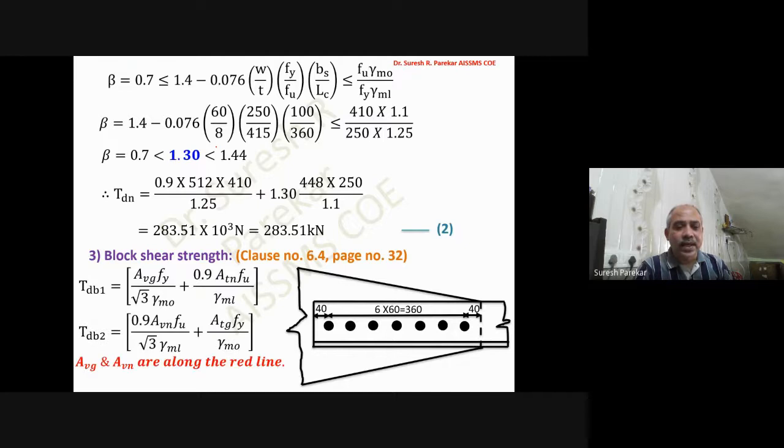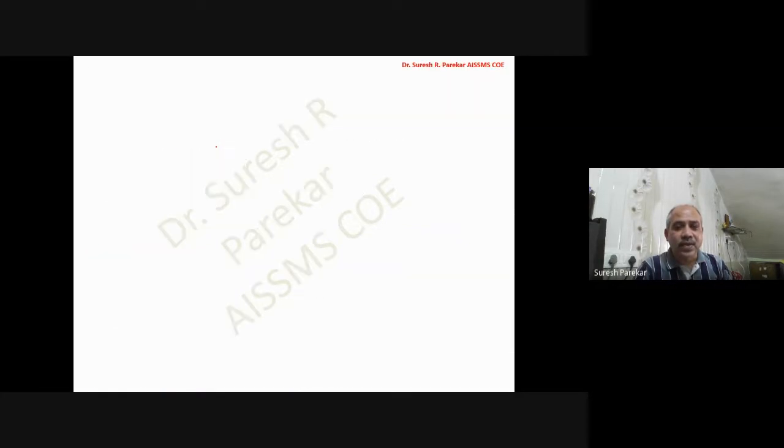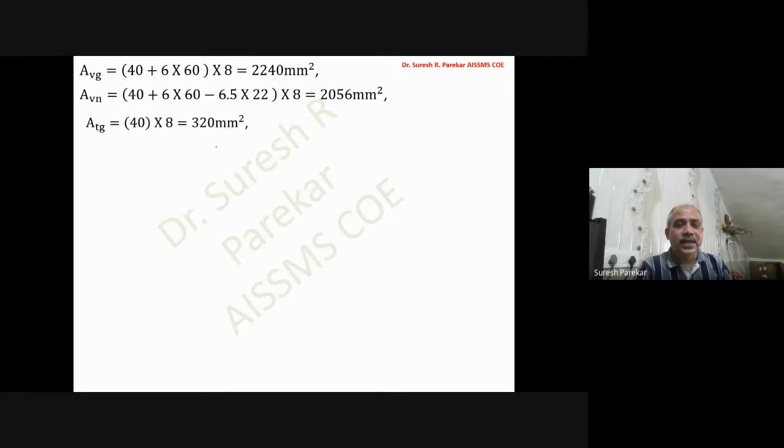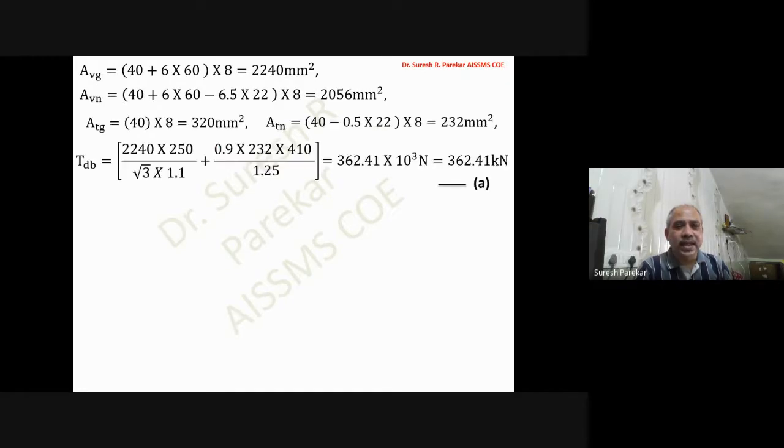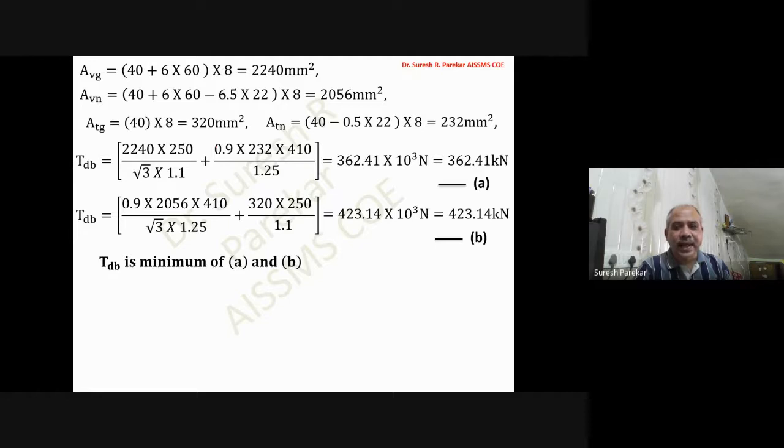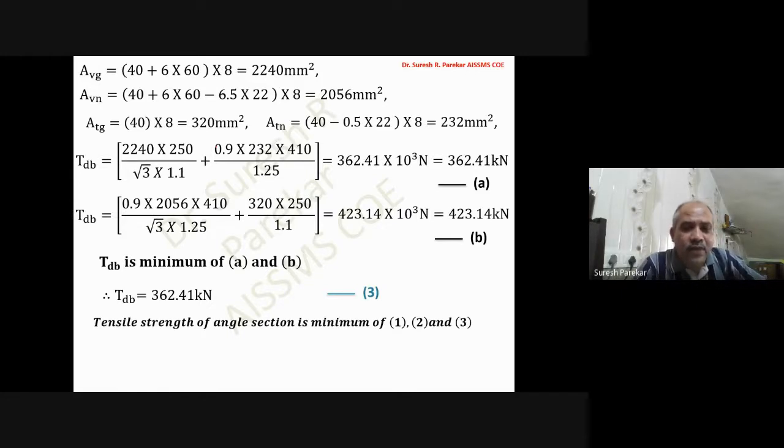And then we have Tdb1, Tdb2, and these values, if we see, we are going to get Avg, Avn, Atg, Atn, which gives us Tdb A as 362 kilonewton and B as 423, and the minimum we have is 362.41 as your block shear strength.